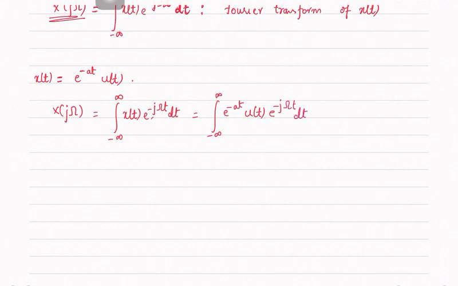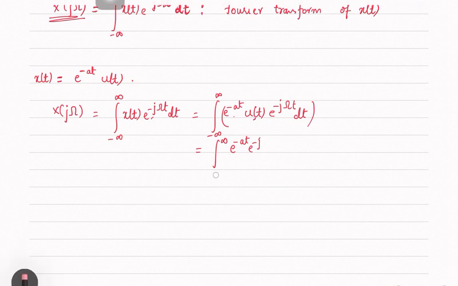Okay, so u of t is 0 for t less than 0. So when you multiply with 0, the whole thing will be 0, right? So whenever t is less than 0, the integrand will go to 0, so you have nothing to worry about. So you can change this integral and write this. For t greater than 0, u of t is equal to 1, so e power minus a t into 1 will be equal to e power minus a t.